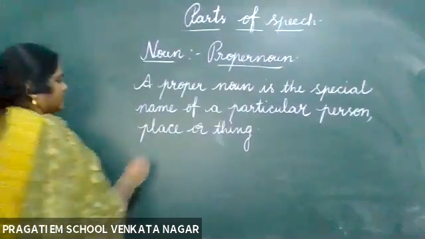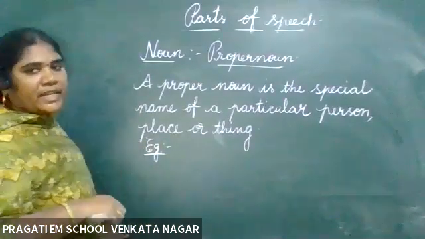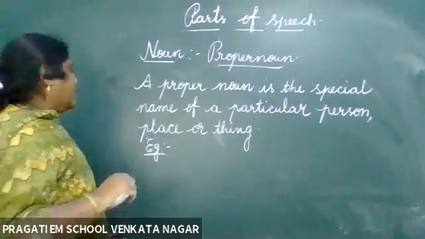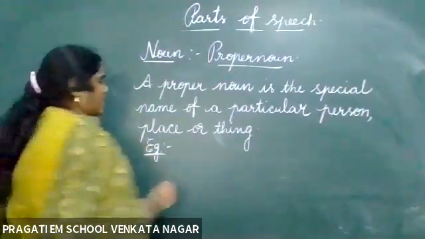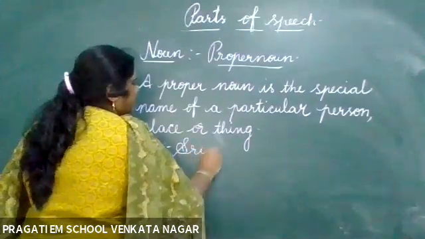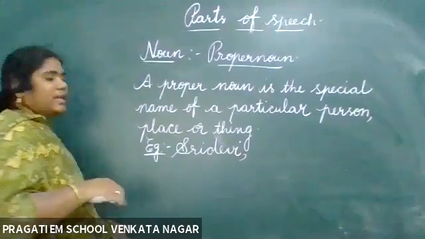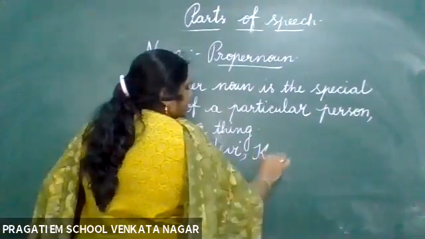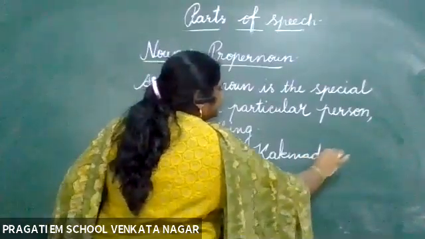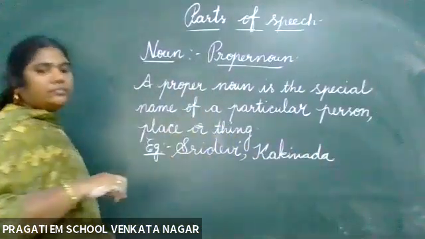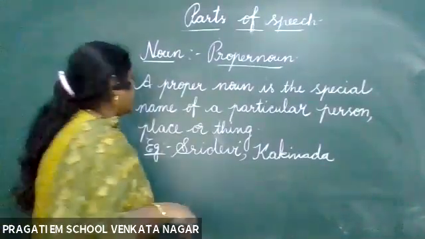For example, everybody are having names. With that names only we will be calling. So my name, that means your name, is a proper noun. I'm writing my name here. In place of my name, you can write your name. Next, place. Kakinada I wrote. Next, thing.